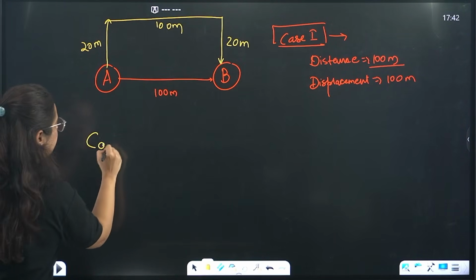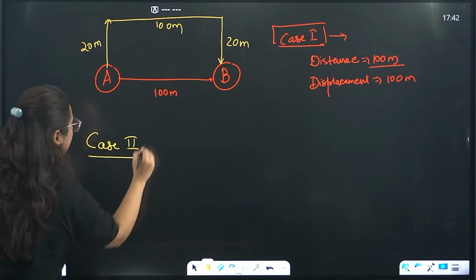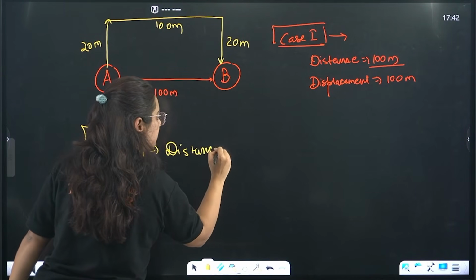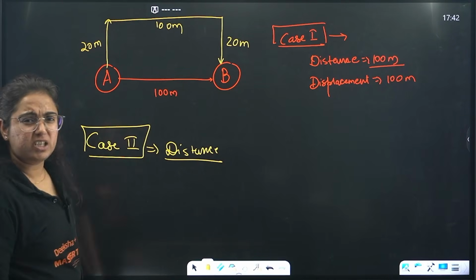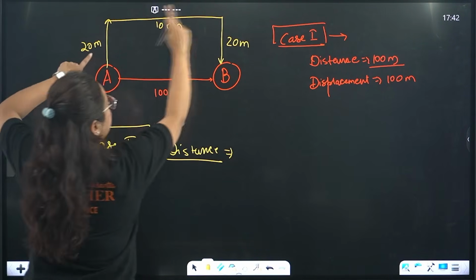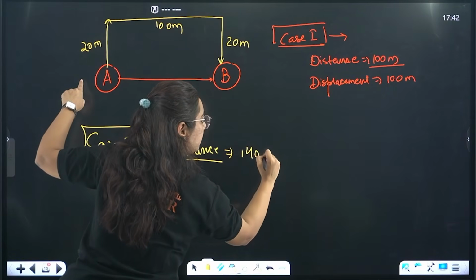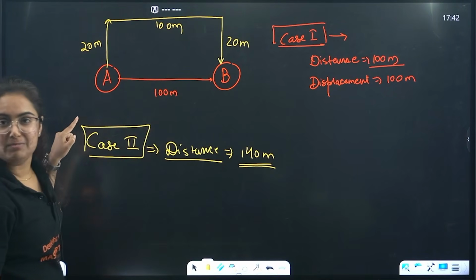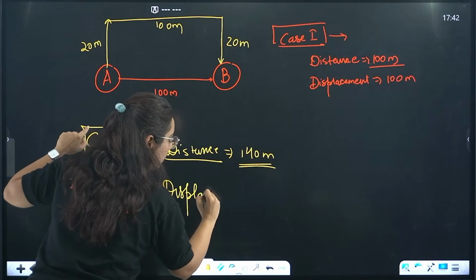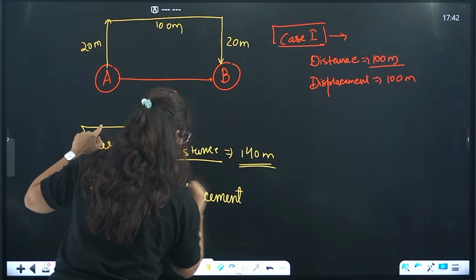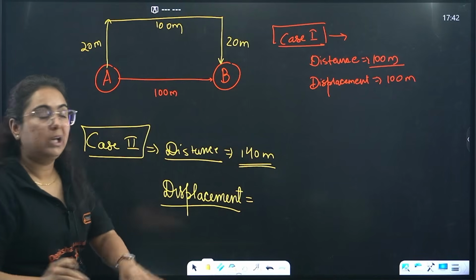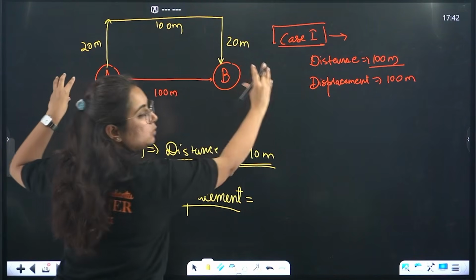So in case number 2, when I ask you how much distance you covered to reach the washroom, because you were bored in your physics class, you will tell me, ma'am, it is 20 plus 100 plus 20, 140 meters. But if I ask you what is the displacement of the same, beta, displacement is the shortest distance covered by an individual to reach from point 1 to point 2.